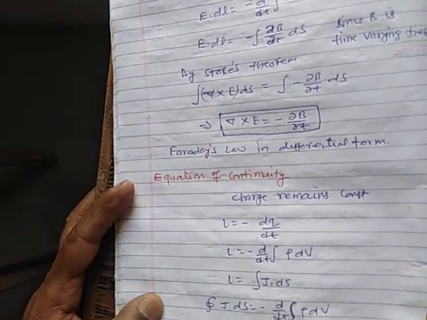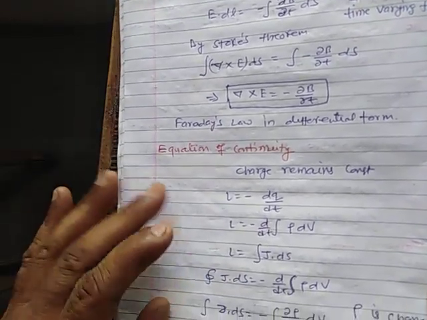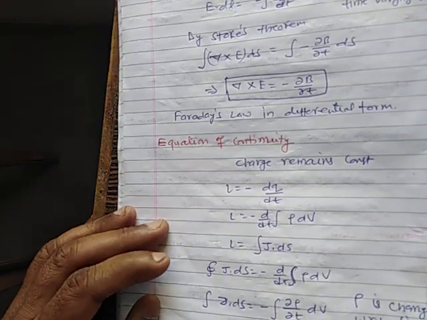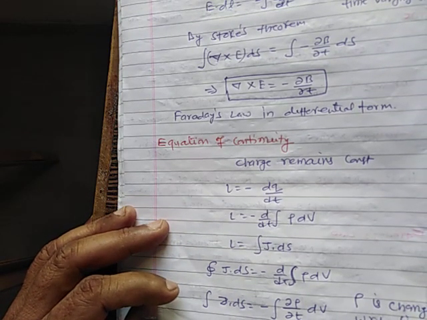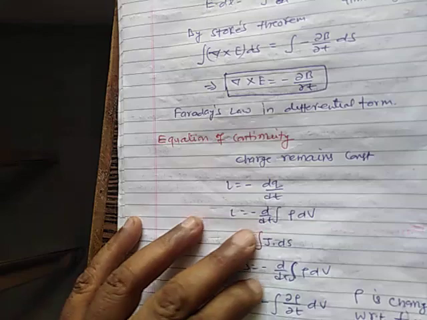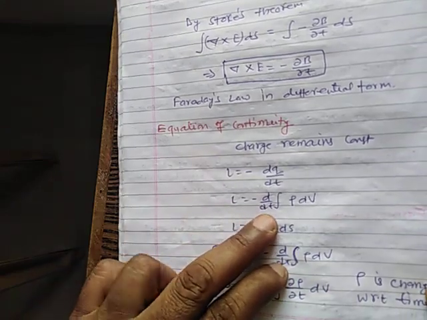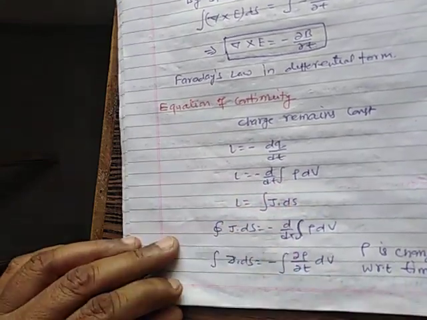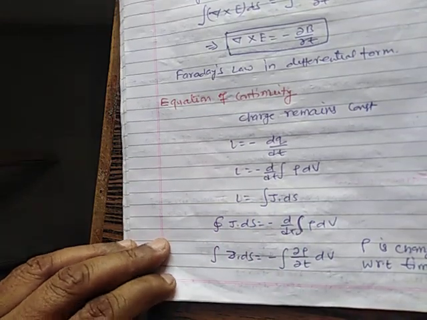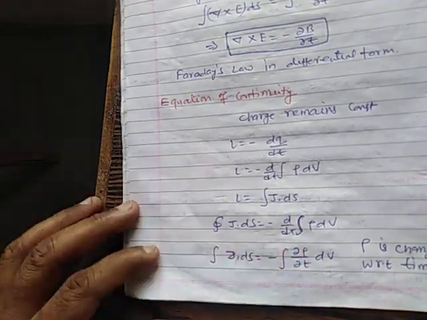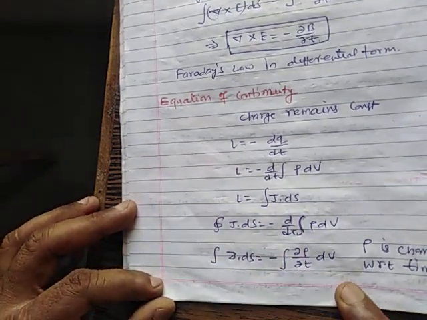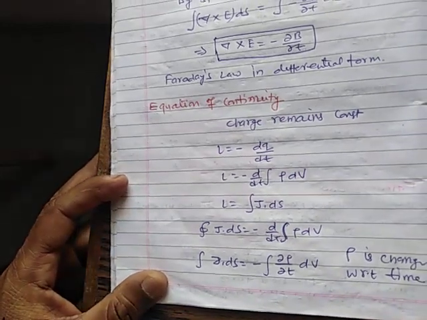Now we will discuss the equation of continuity, that charge always remains conserved, or we can say constant. So I is equal to minus dq upon dt, or I is equal to minus d upon dt of q. This q we can write as integral rho dv, and I is equal to integral j dot ds. So integral j dot ds is minus d upon dt integral rho dv, where rho is changing with respect to time.